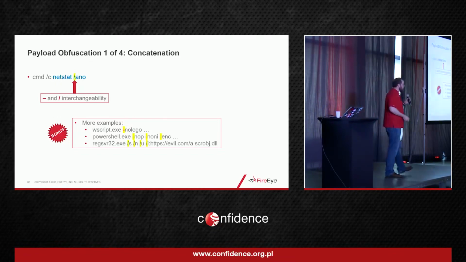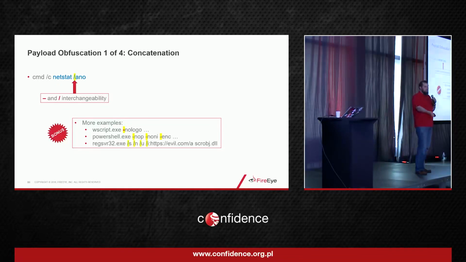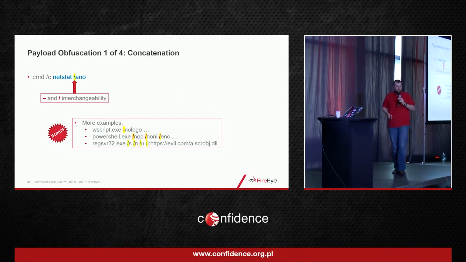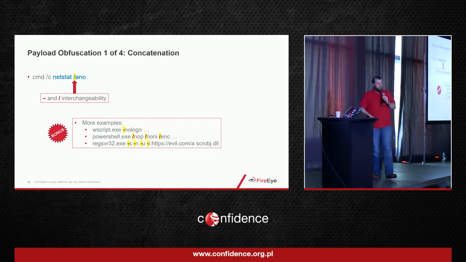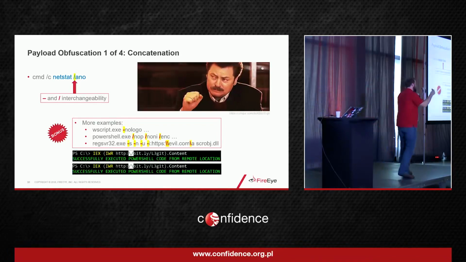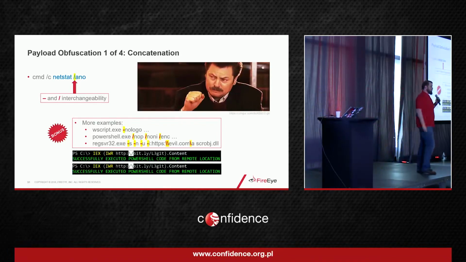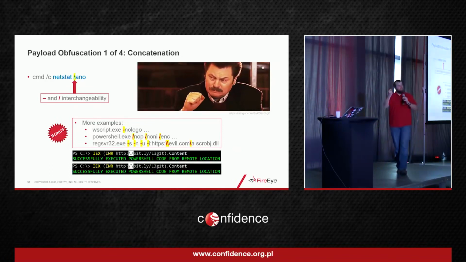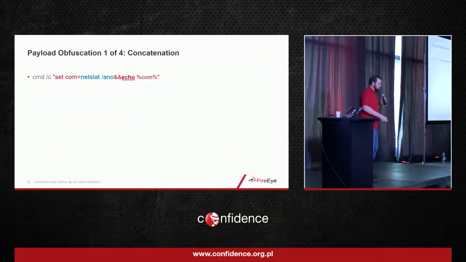PowerShell, if you're looking for -e or -ec, -en, the 16 different ways you can write encoded command, an attacker could just use /encoded. Would that get by your detection? Or with regsvr32, all those slashes can be dashes, and on top of that, the URL, instead of forward slashes, can be backward slashes. Some things like PowerShell can actually take forward and backward slashes right beside each other when you're doing URLs. So are we taking those little things into account, because those will burn us as defenders? Anyways, that was just an aside.